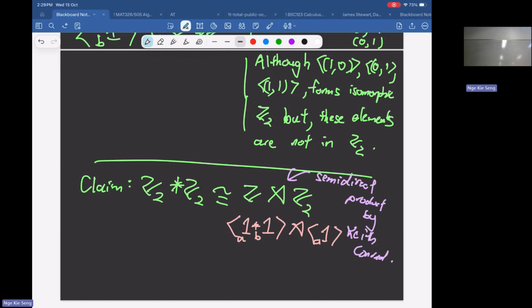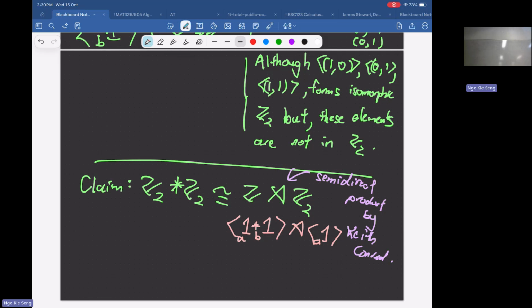When you multiply these two elements, maybe there's some effect of the second component on the first component's multiplication. There's some extra rule. I suggest you look this up in your history. But for now, we are not using it, so I'll end here.